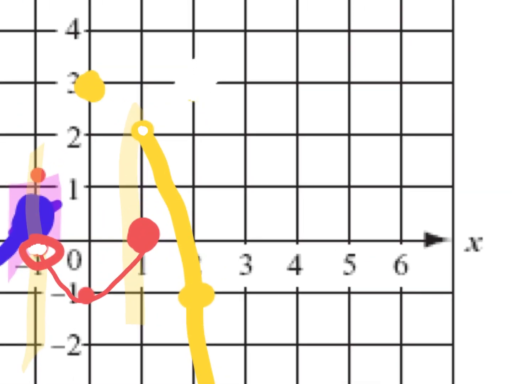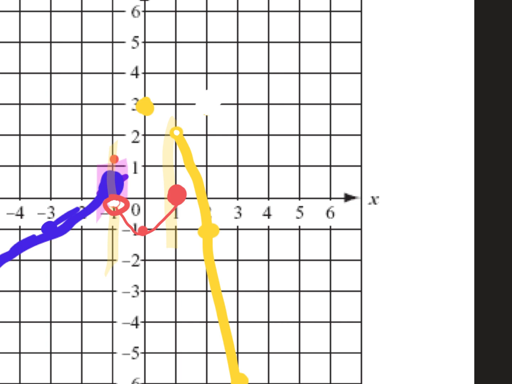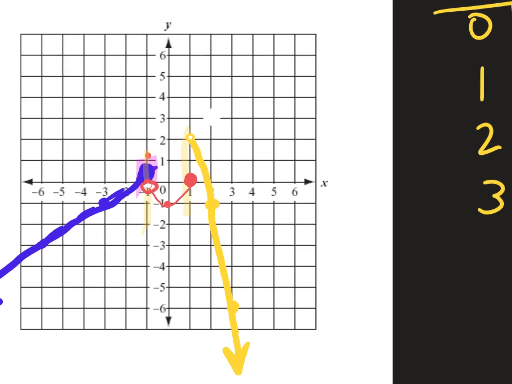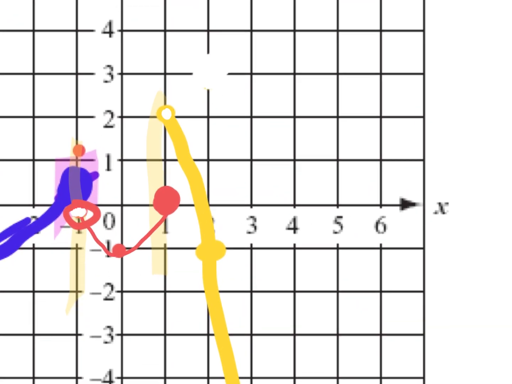Look at this. I want you guys to see something, and then I'll stop talking. These are all functions, correct? What do we know about functions and x values? They can only have one. So do you see how we have pieces on top of each other? You have the yellow piece of the parabola, and you have a red piece of a parabola. You will never have two closed dots right on top of each other.